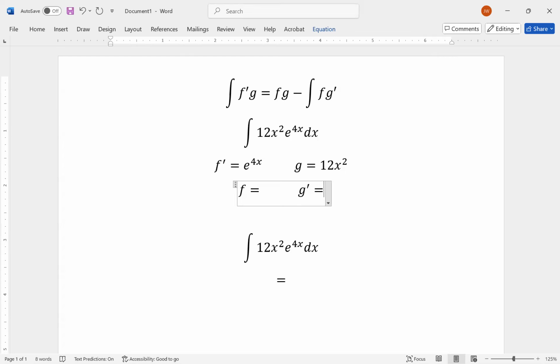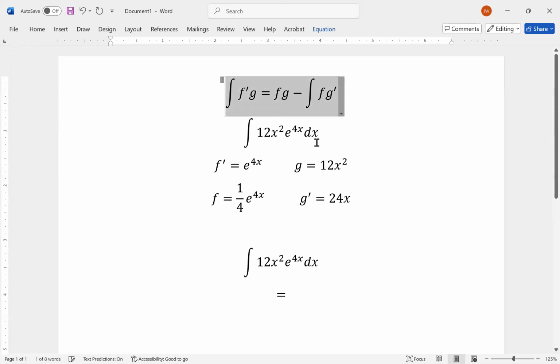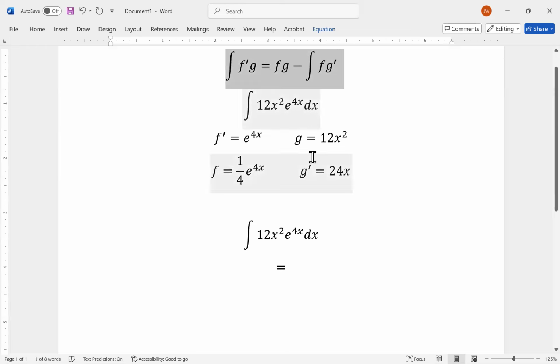My g prime is going to be 24x, and when I take the antiderivative of e to the 4x, one antiderivative is 1/4 e to the 4x. So now I'm set to use my integration by parts formula. So I start using that.